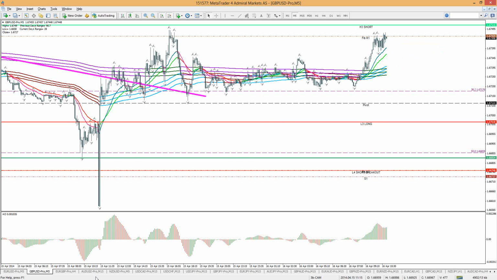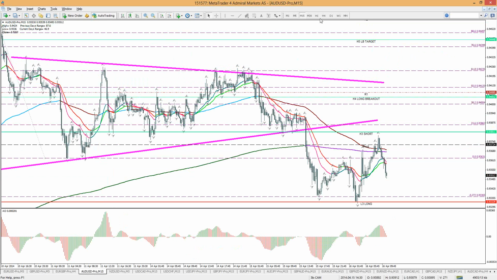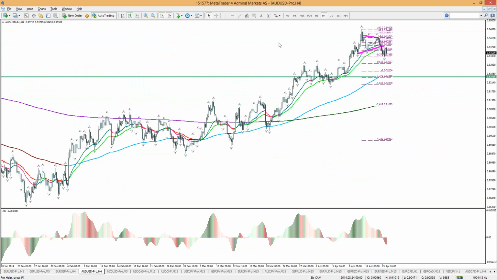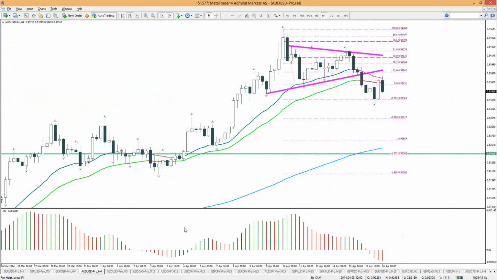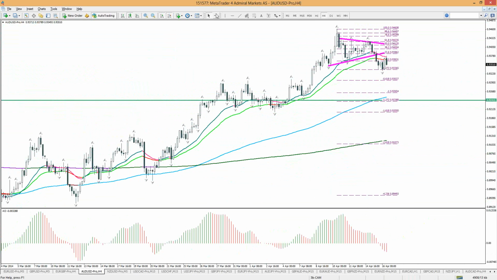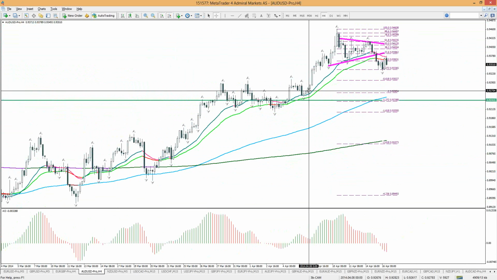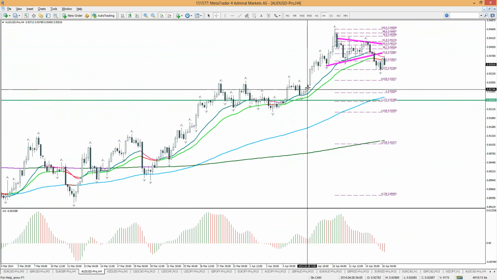Let's see, I had a swing trade on the Aussie actually, for instance. Let's take a look at that one. I took a buy. Where was it? Somewhere here.